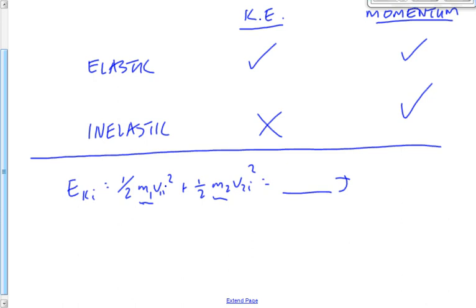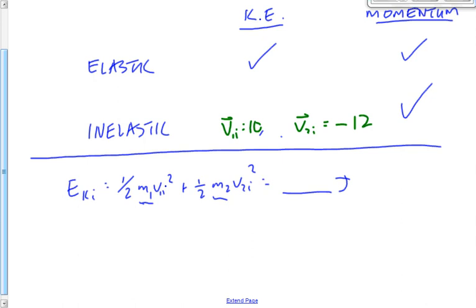The other thing was direction. Let's say v1i was 10 and v2i was negative 12. What would we plug in there for v1i? 10, right? 10 squared. What would we plug in for v2i? 12, right?